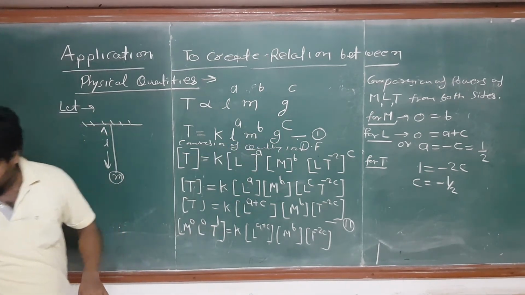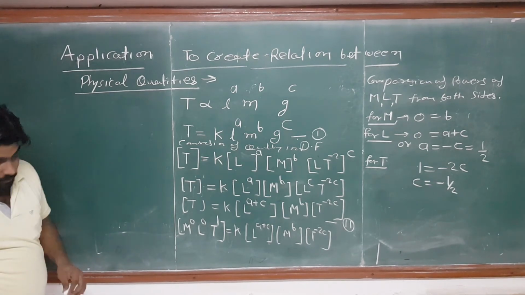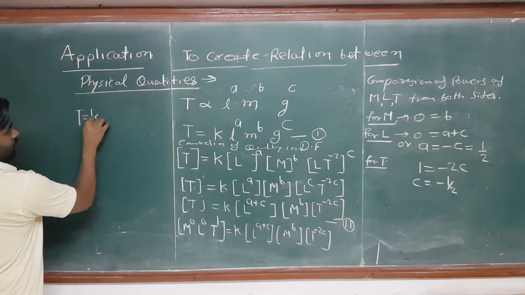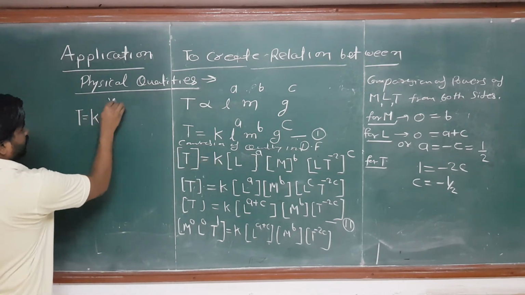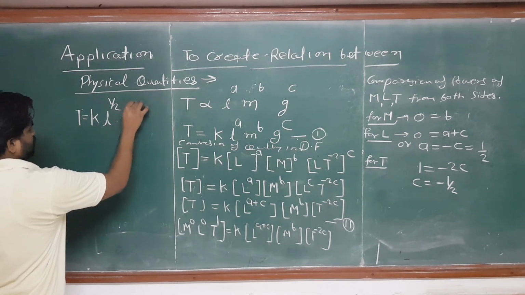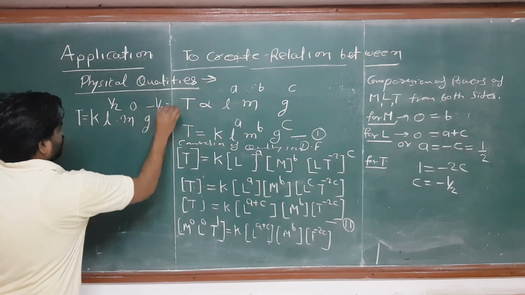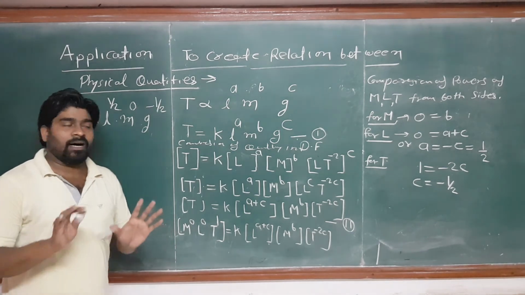So T equals K, L to the power A which is 1 by 2, M to the power B which is 0, G to the power C which is minus 1 by 2. M to the power 0 means the time period doesn't depend on the mass.